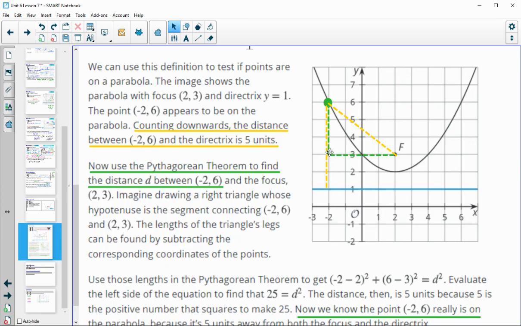So figuring out the height by subtracting the y's, the width by subtracting the x's, and then doing Pythagorean theorem with the distance here being the same as this distance here.